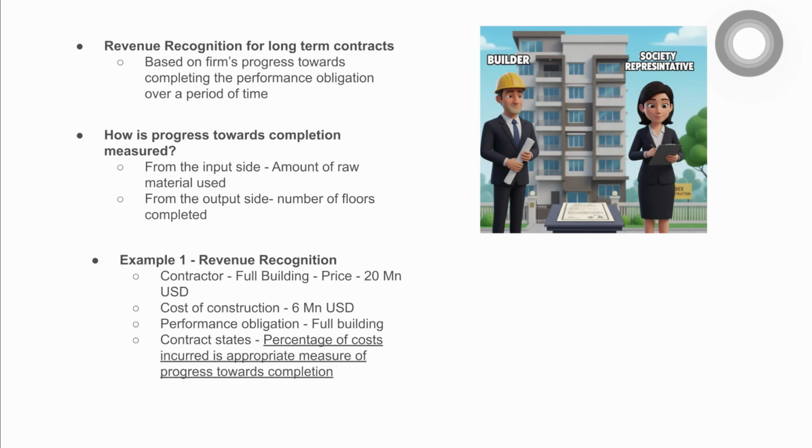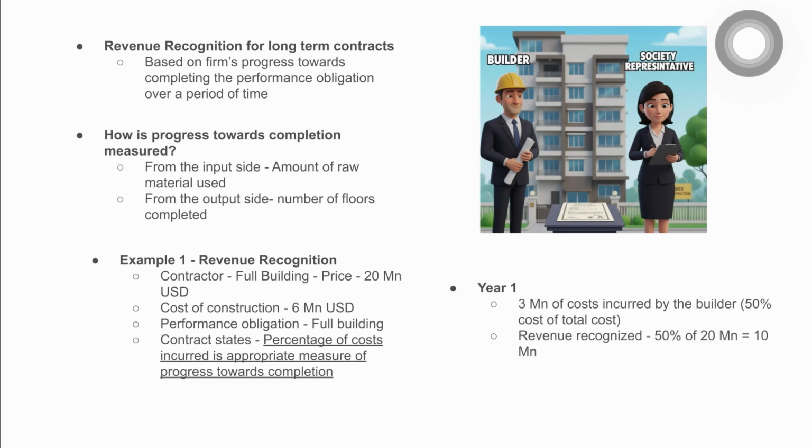This means if the builder has used 50% of the raw material that he's expecting to use to complete the full building, then he can recognize 50% of the revenue as well. So we are measuring it from the input side, not from the output side. As soon as he uses 75% of the raw material, he can recognize 75% of the revenue.